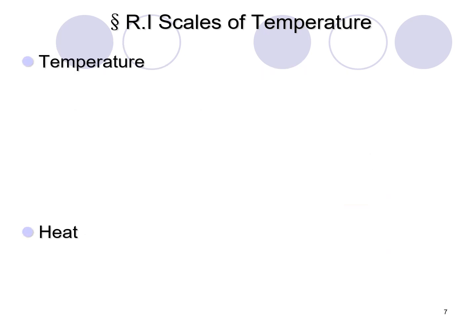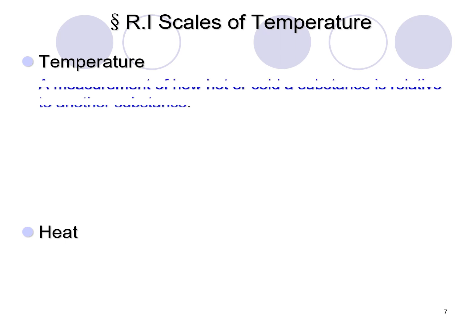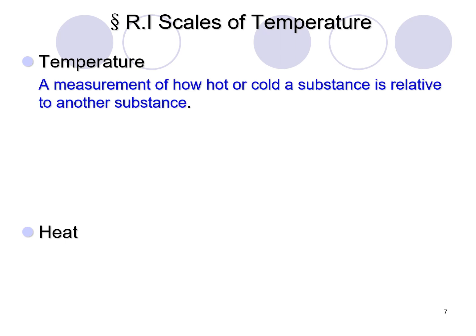Temperature is very closely related with heat, or vice versa. In order to differentiate these two, we must understand the definition of temperature: a measurement of how hot or cold a substance is related to another substance. And we're going to talk about this a little bit more later on in chapter 10. Temperature is an intensive property.